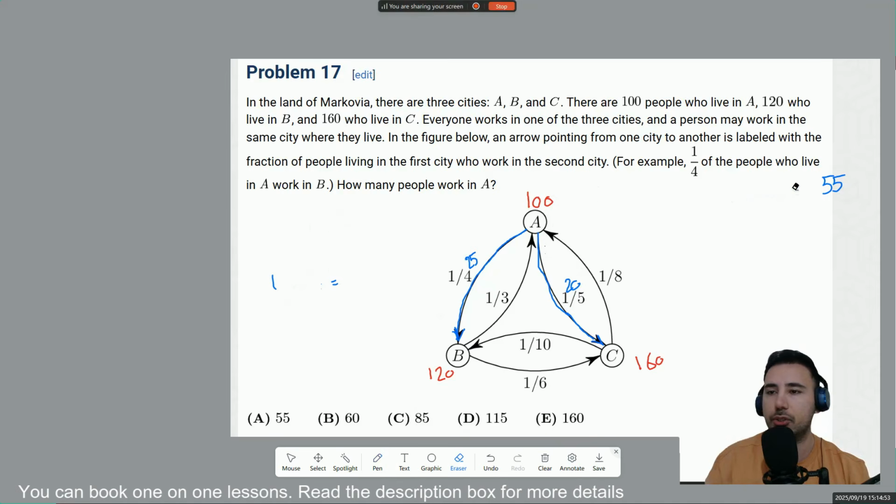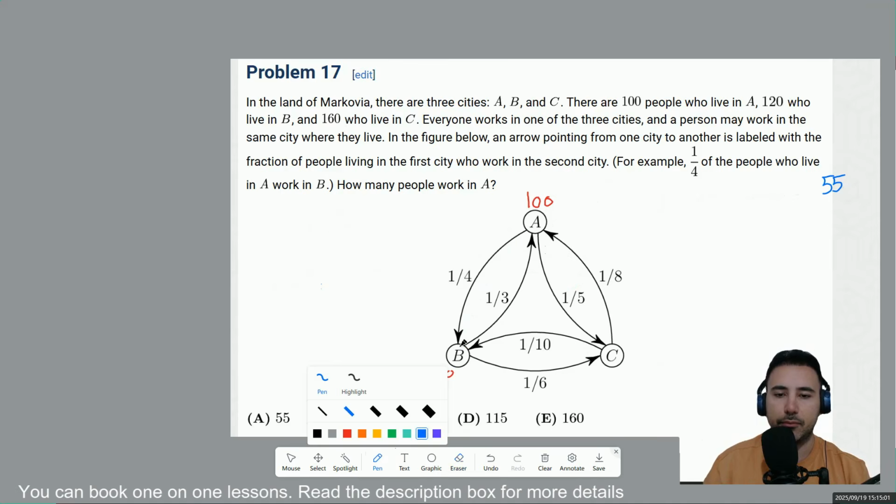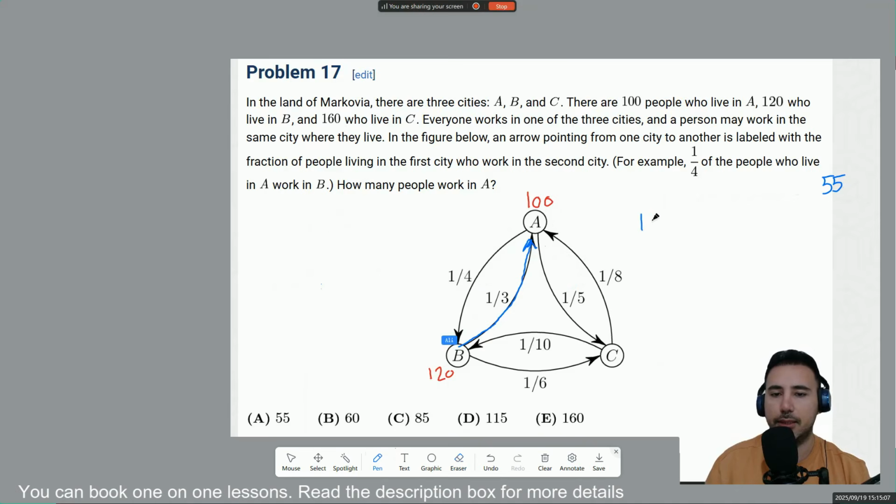But also, there are people from other cities who go to A for work. So for example, from B, 1/3 of the people go to work in A. So 120 times 1/3, which is equal to 120 over 3, which is equal to 40. There you go. And there are people who go from C to work, right?